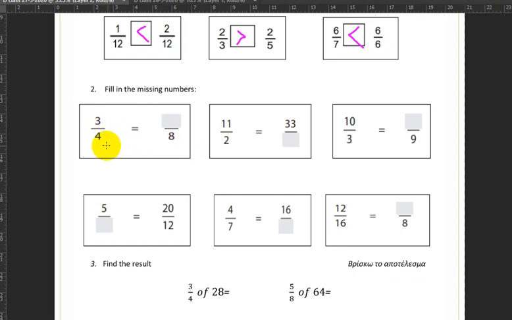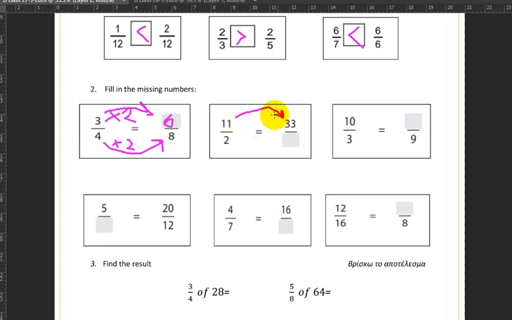Now we need to make these fractions equivalent. So we need to think, how many times 4 makes 8? And the answer is 2. So since I multiply the bottom number by 2, I need to multiply the numerator by 2 as well. And 3 times 2 gives us 6.